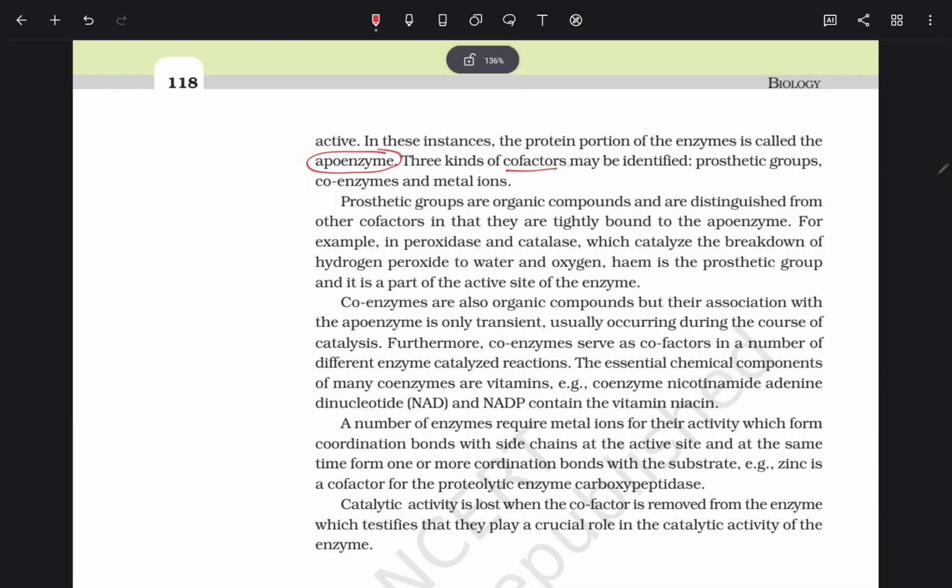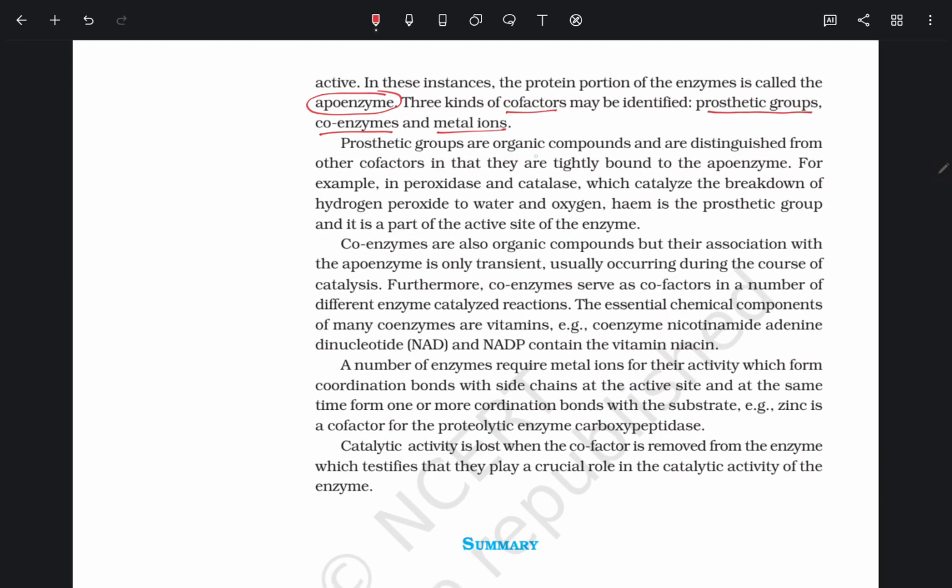Three kinds of cofactors may be identified: prosthetic groups, coenzymes, and metal ions. Prosthetic groups are organic compounds and are distinguished from other cofactors in that they are tightly bound to the apoenzyme. For example, in peroxidase and catalase, which catalyze the breakdown of hydrogen peroxide to water and oxygen, heme is the prosthetic group, and it is a part of the active site of the enzyme.